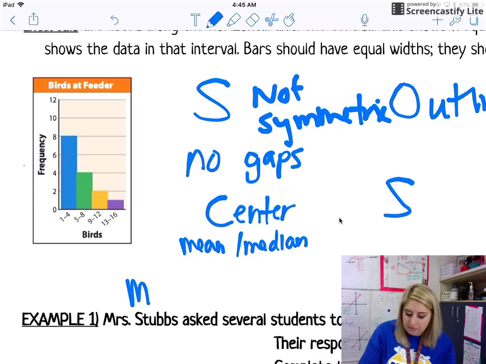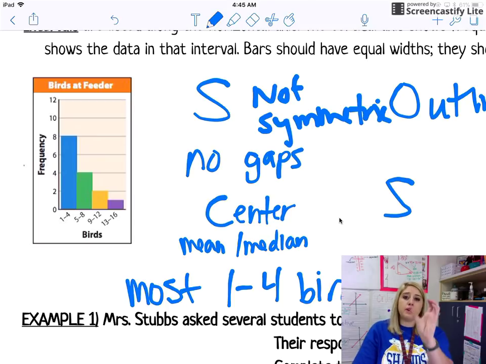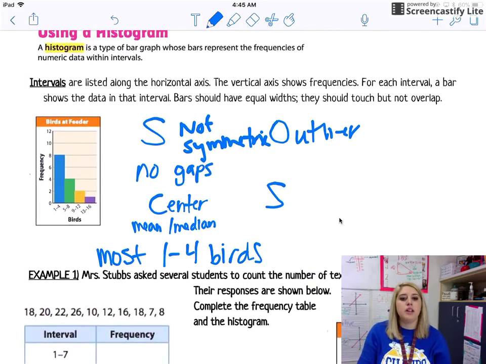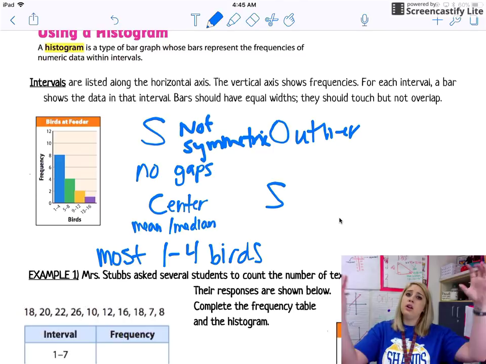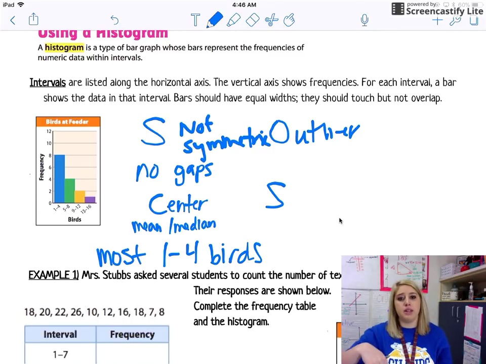So I can say that most of the data falls between 1 to 4 birds. Okay, most of my data falls between there. So our center, again, mean and median, we can't actually calculate it because we don't have a data set that I could count in or add them all up and divide by how many there are, but I can look at where that peak is.